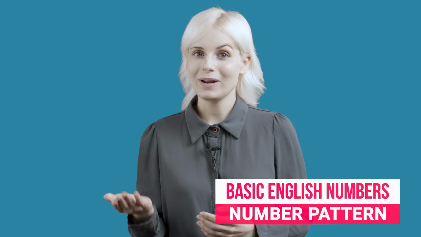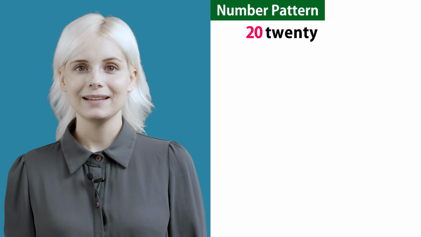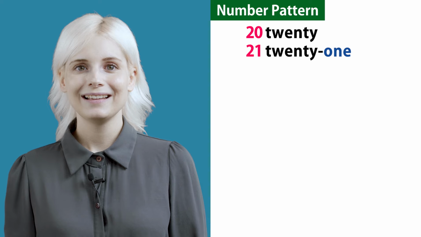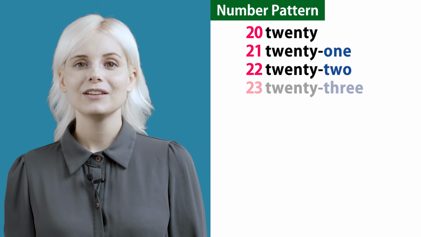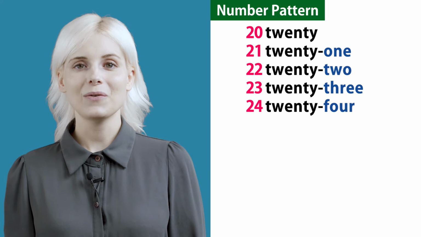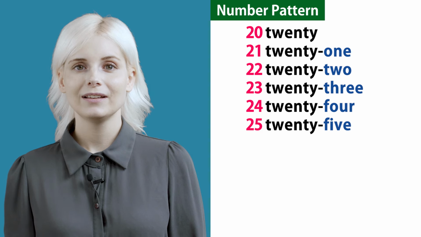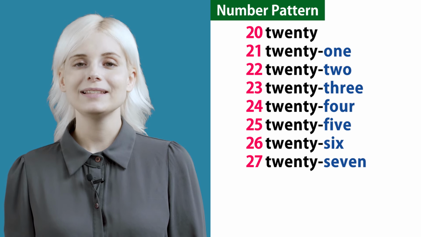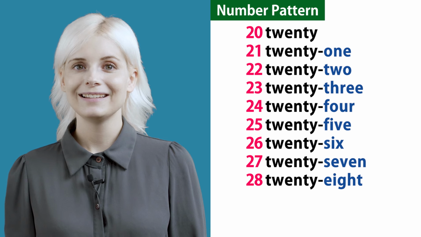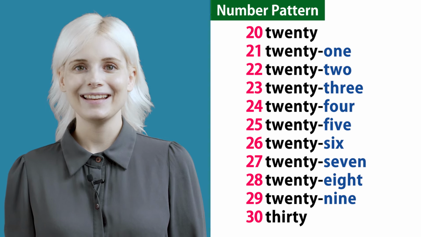Now, let's focus on how we say every number from 20 to 100. I'm not going to say every number, but I will teach you the pattern so you will know how to say any number between 20 and 100. Please listen carefully and repeat after me. 20, 21, 22, 23, 24, 25, 26, 27, 28, 29, 30.